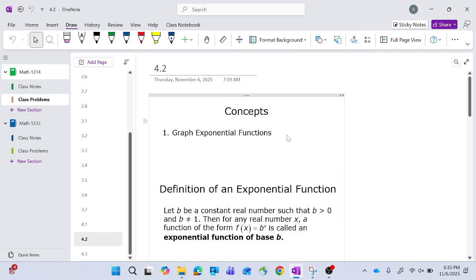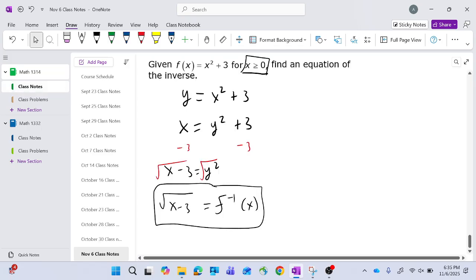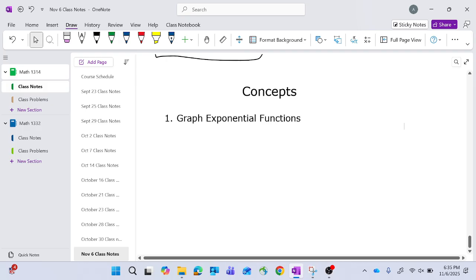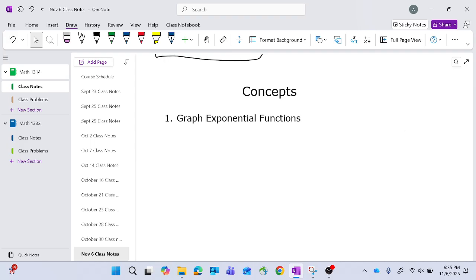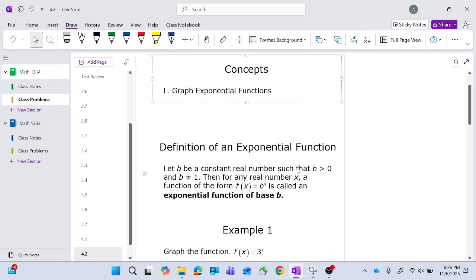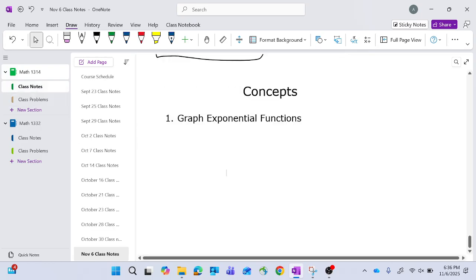4.2. Not too much to do here, which is great. We are going to graph exponential functions. That is the only concept we're going to do. This is the definition of an exponential function.